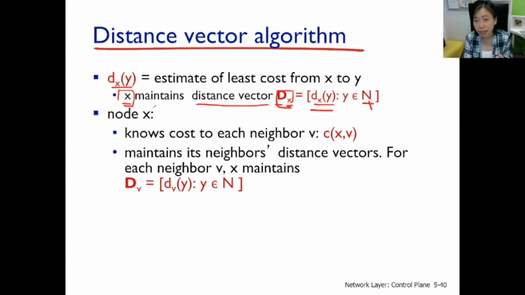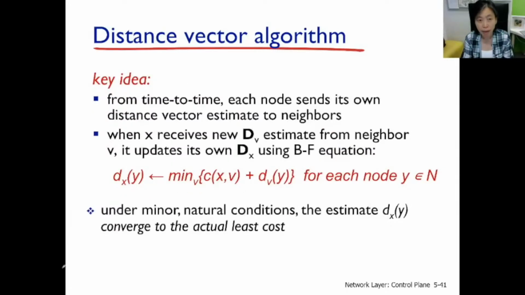And before we could calculate D_x, the node needs to have two pieces of information. According to the Bellman-Ford equation, we need to know the link cost from the node to each of the neighbors, c(x,v). And in order to have the shortest distance from each of the neighbors to a particular destination, we also need to know the neighbors' distance vectors. So for each neighbor v, node x also maintains D_v. Now the algorithm of distance vector: the key idea is it works in two phases.